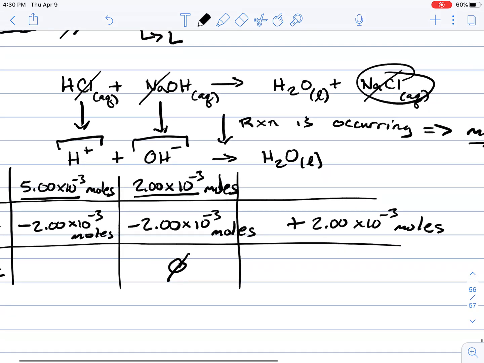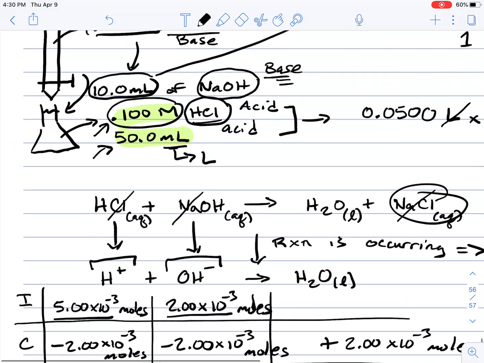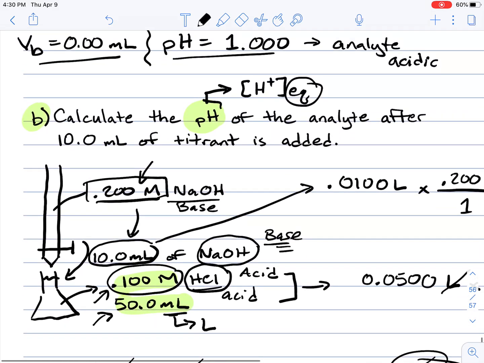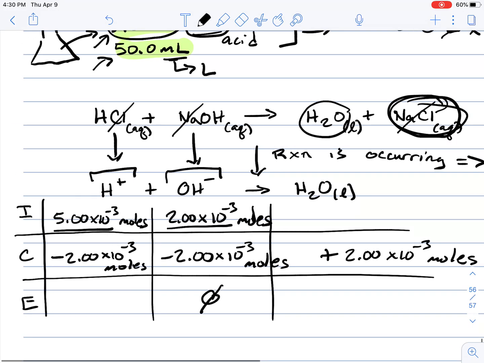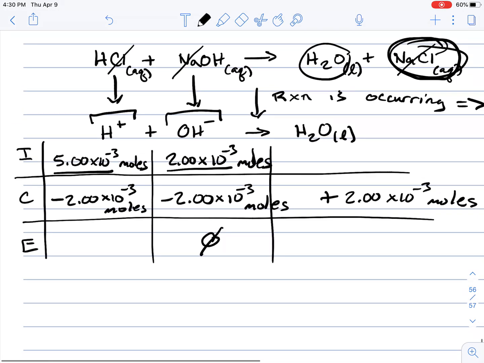But remember what we're asking here. We're trying to determine what the pH of the solution is. And so water will not get us the pH of the solution. Sodium chloride will not get us the pH of the solution. The only thing that will give us the pH of the solution is the concentration of the hydrogen ion or the concentration of the hydroxide ion.